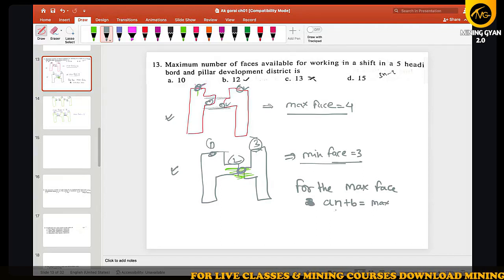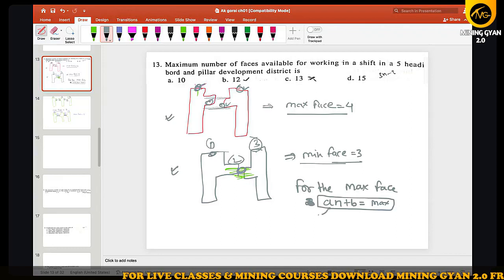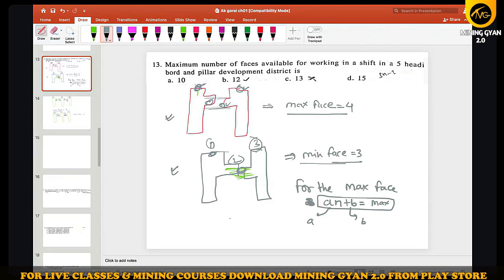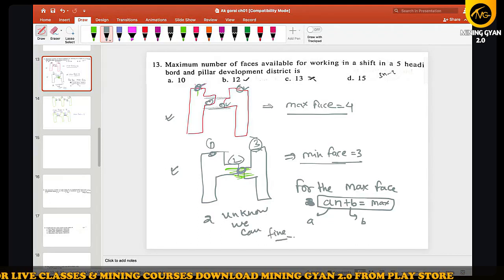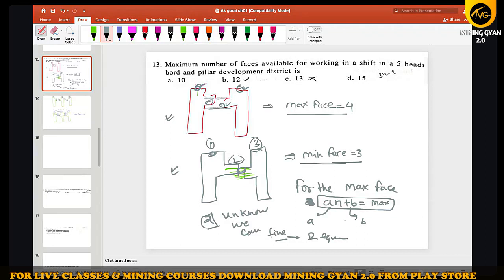Okay, let this be the formula. So we have to find out the value of a and b. If you want to find out two unknowns, then you need two equations.